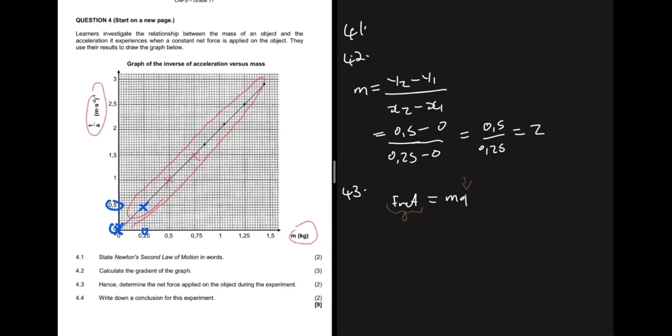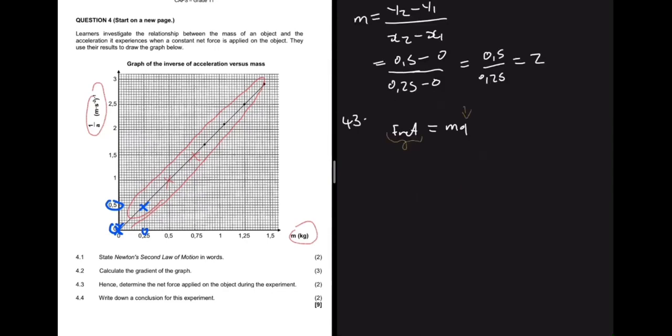But we don't want f net to be our y. We want a to be our y, because on our y we have 1 divided by a, right? So in order to achieve that, we're going to divide by m on both sides. So as a result, we'll get a equals to f net divided by the mass. But on our y-axis, we have 1 divided by a, clearly, right?